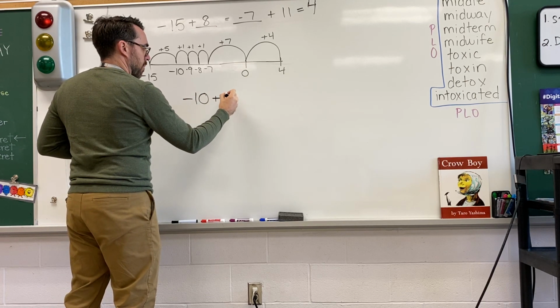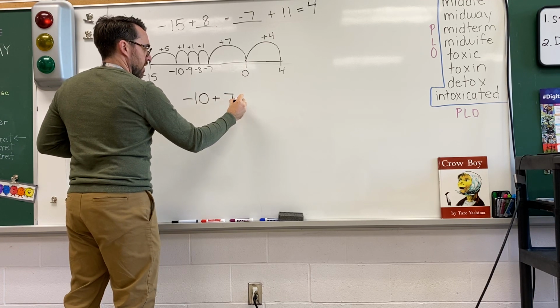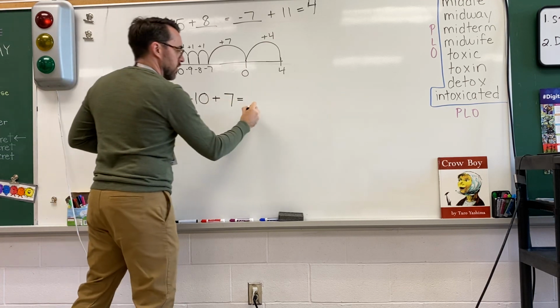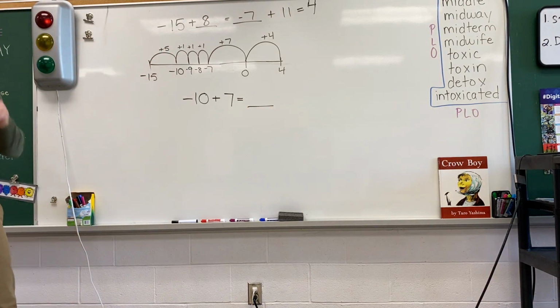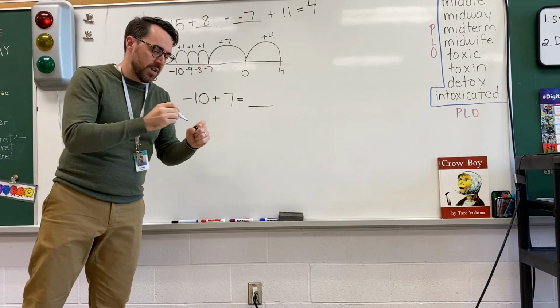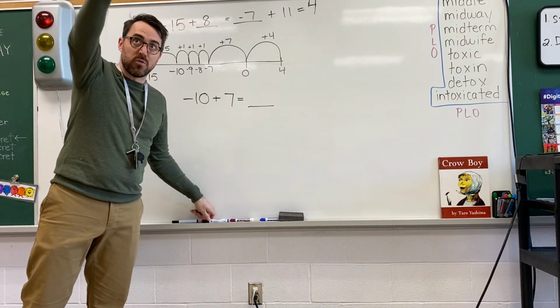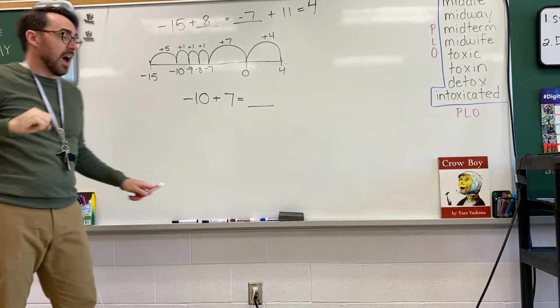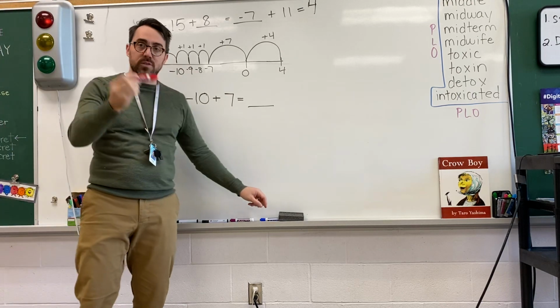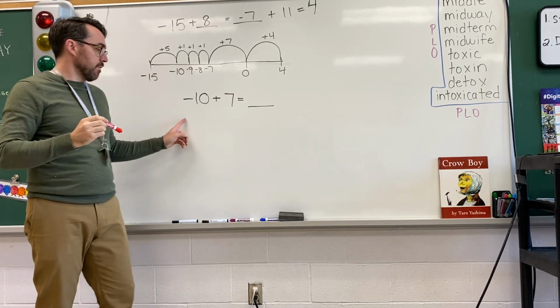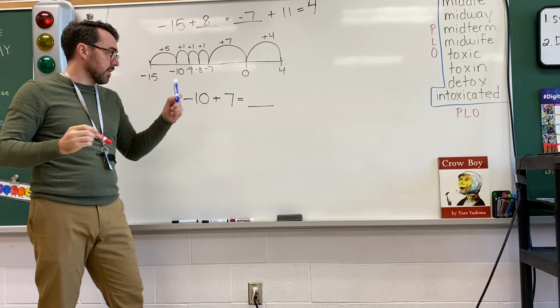It went up by, let's say, okay, by 7 degrees. Okay? What is our temperature now? Using counters and our anchor charts right back there if you're lost, I can model this. I'm going to use red for negative and blue for positive.